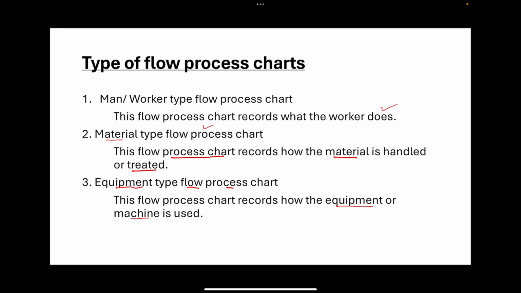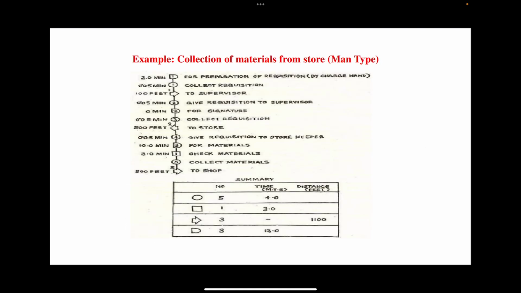Now let us look at the first, the man or worker type flow process chart. This is an example of a man type flow process chart. Here you can see that we are using the elements of work: this symbol is for delay, this is for operation, this is for transport, and then you have inspection, etc. So we will use 5 elements of work.